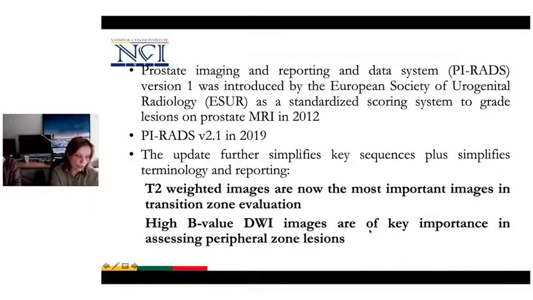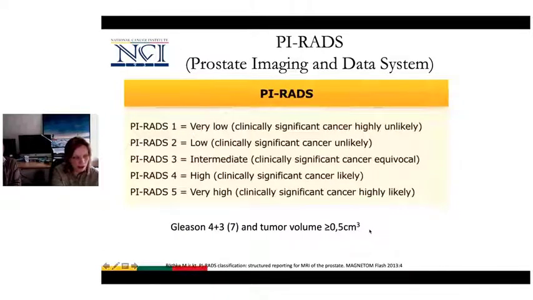Of course, later on, we evaluate all the images, but these sequences are of key importance in evaluating the lesions. And how does it look to have the scoring system? I should remind you that it scores not the whole prostate, it's a lesion-based system.